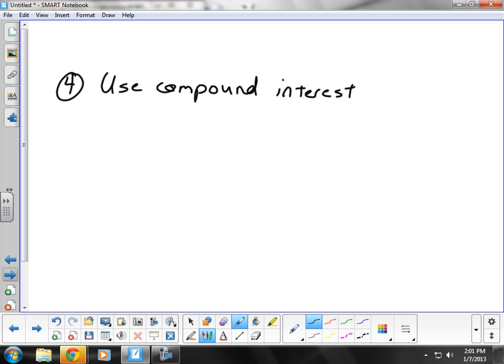If it's compounded monthly, then at the end of the month, they take 10,000 times your interest rate, and that's what you owe then, and then they take your payment off of that.